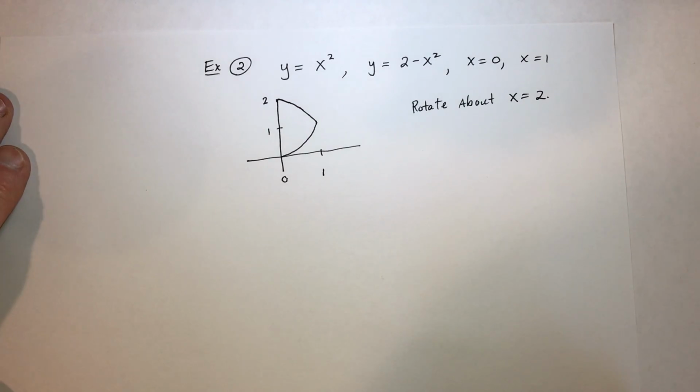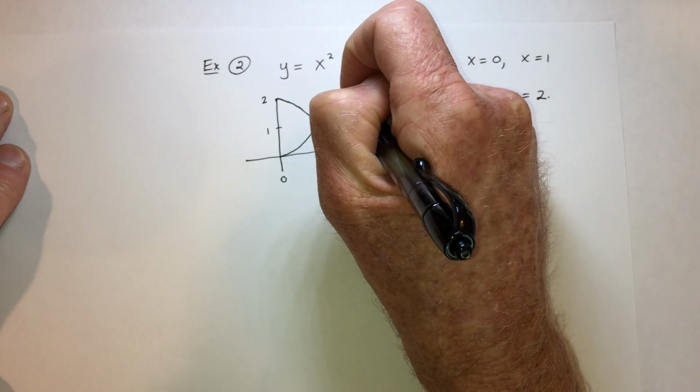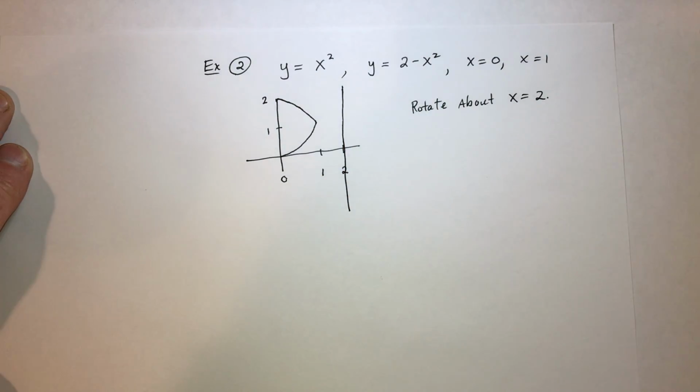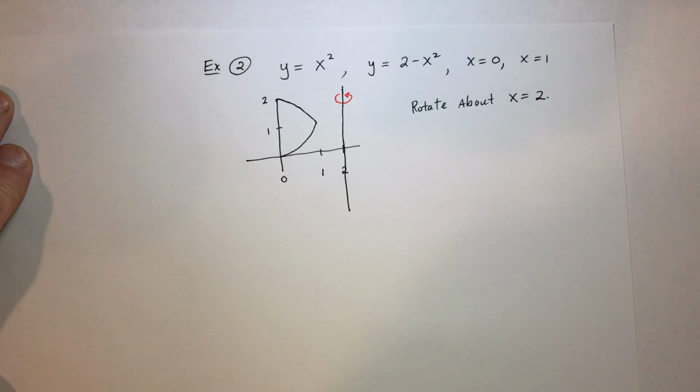Rotate this shape around x equals 2. So go over to x equals 2, and then I'll just put a line right here, and then we're rotating it around this axis.